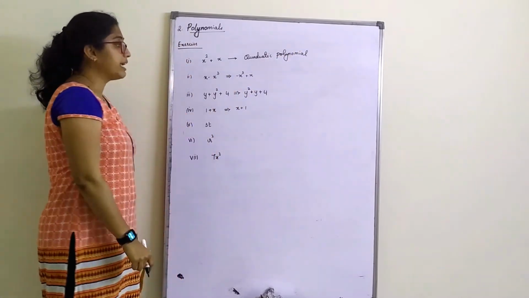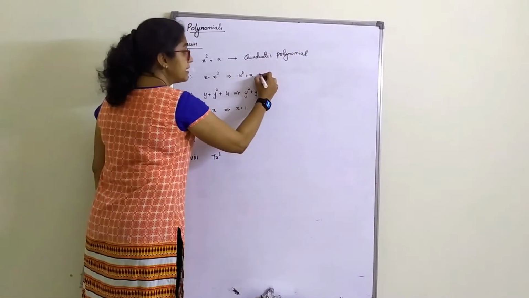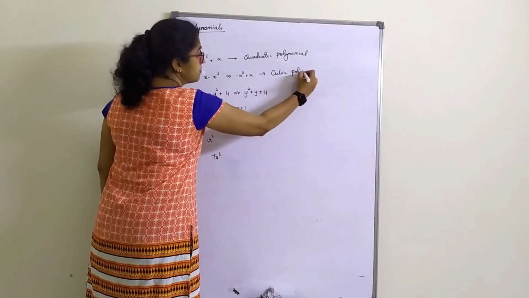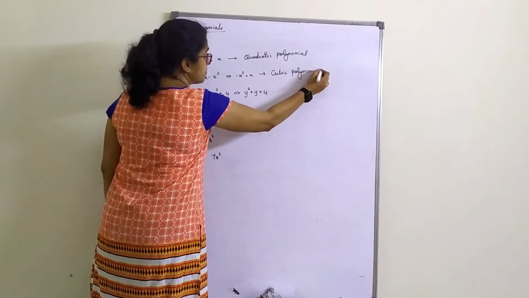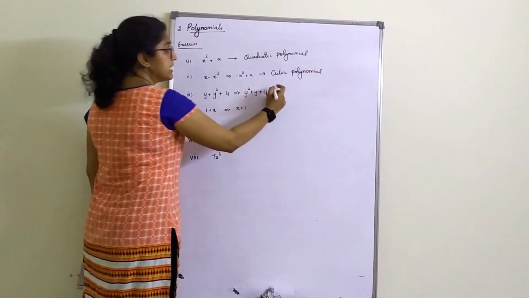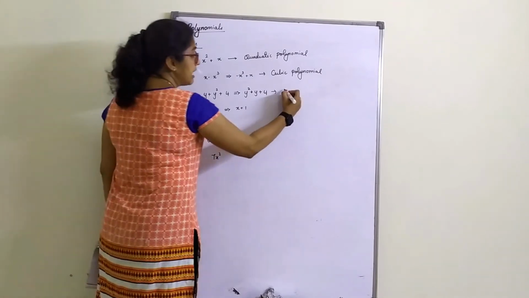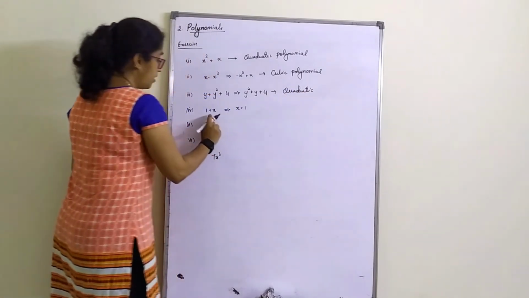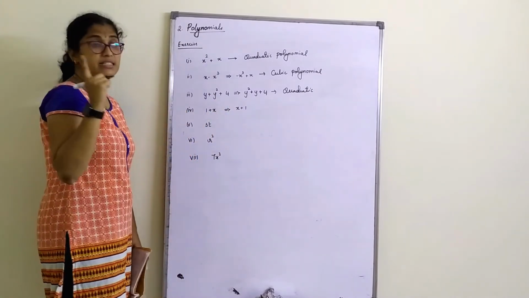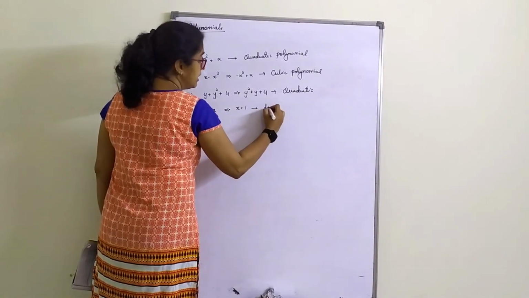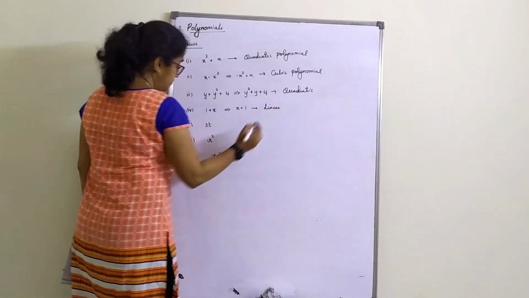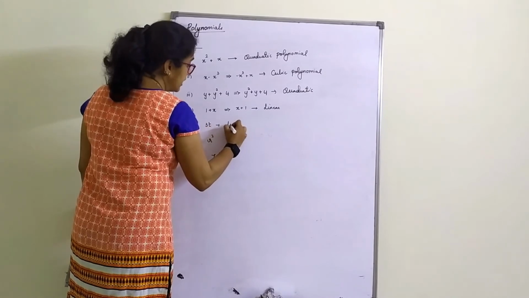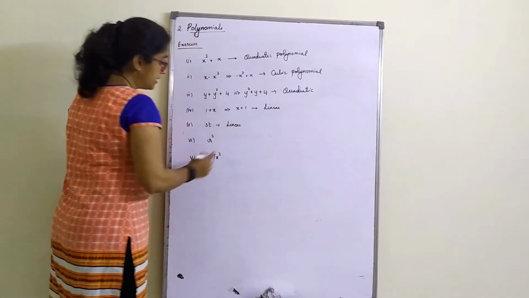The next one, second one, the highest degree is 3, so this is a cubic polynomial. The third one, the highest degree is 2, so it is again quadratic. Fourth one, the highest degree is 1, so this is a linear polynomial. Highest degree is 1, it is again a linear polynomial.